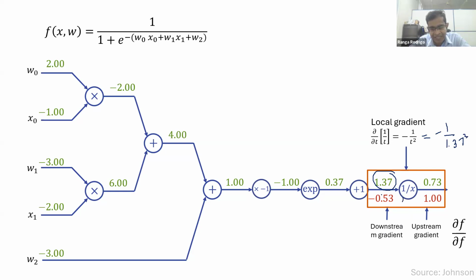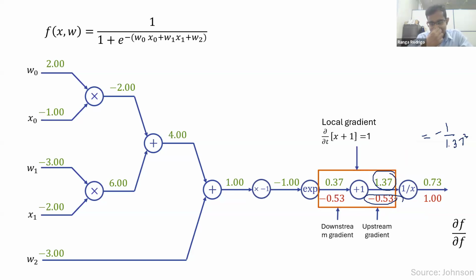That's what you get as minus 0.53. Okay, so you can see our rule applied. Downstream gradient is upstream gradient multiplied by local gradient. Computing the local gradient is easy if you know what that function is. So plus 1. What's the local gradient? It's nothing but 1. So you get the same thing there. Local gradient is 1 there. So I should write t here, not x.